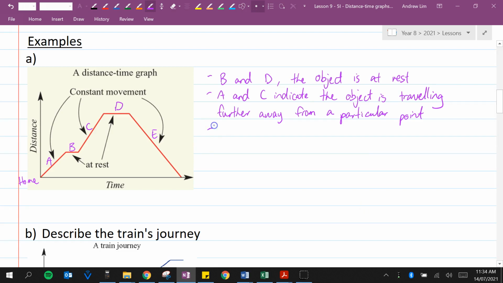I'm just going to talk about E. At E, we are returning to a particular point without stopping. We can see here at E, we're going all the way back home without stopping because there's no horizontal lines to show that we're stopping for a rest.